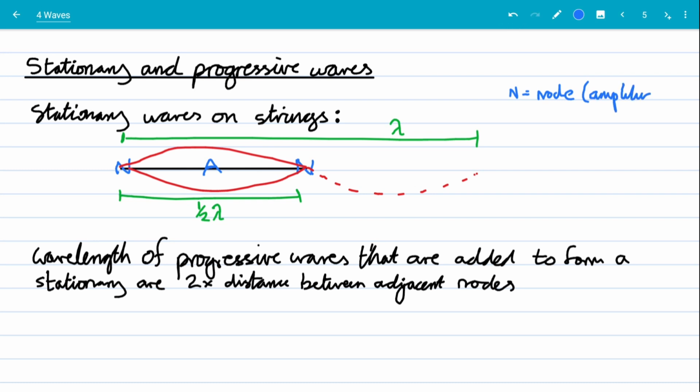Amplitude of stat. wave, I'm just abbreviating it, is equal to 0. The maximum displacement of the string is 0 at the nodes.